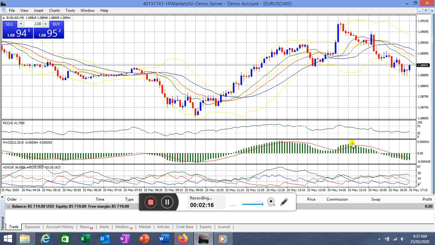So we have the head and shoulders. We also have, I think, the double top. And we have the wedge pattern. With the wedge, you have the rising wedge and the falling wedge.